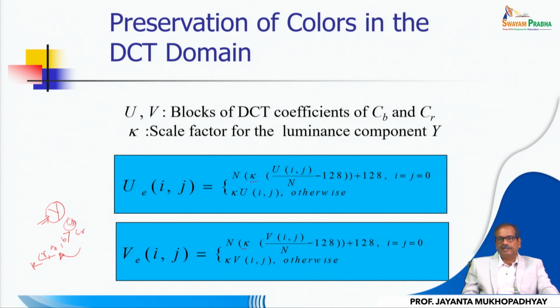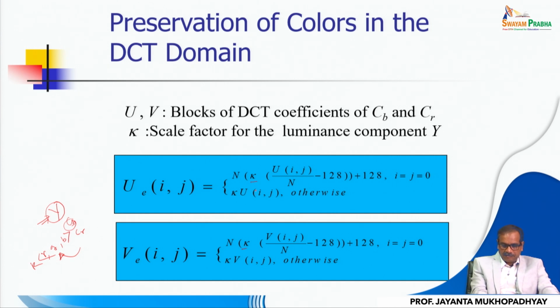So it will not be the same color vector. So in this case, we also preserve the color. We are interested only in dynamic range variation, increasing the dynamic range of variations over this whole image, but keeping the colors the same and also the contrast the same for each block.